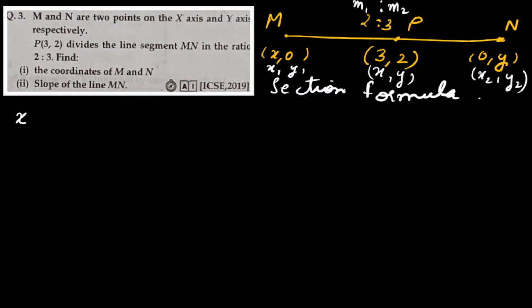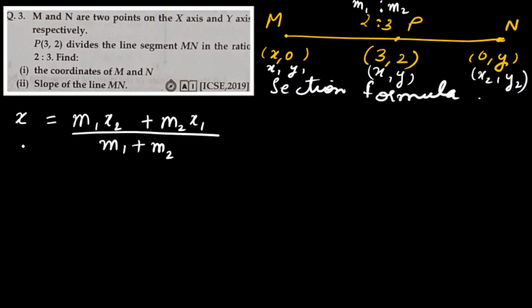Let's start from the x coordinate. The x formula is m1 x2 plus m2 x1 by m1 plus m2. The x coordinate is already given to us as 3.